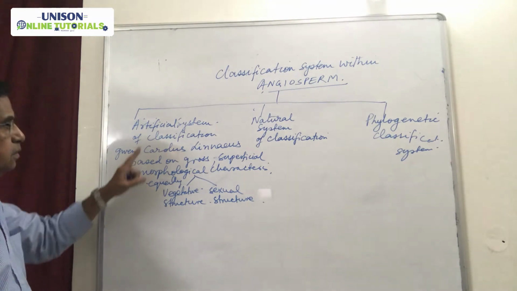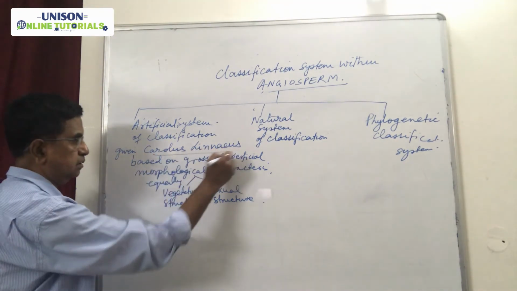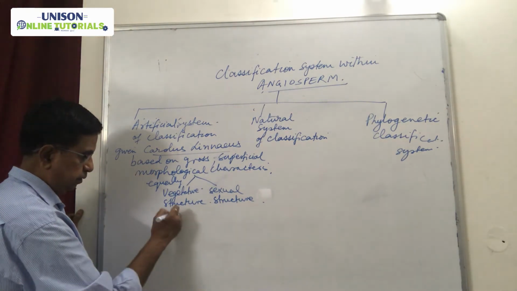But this artificial system of classification given by Carolus Linnaeus was not accepted.